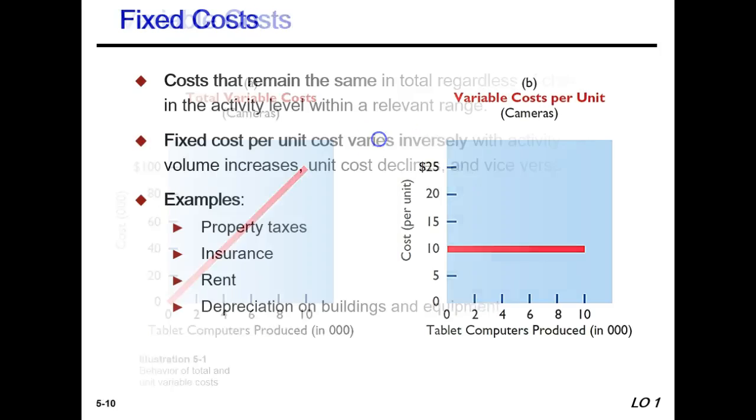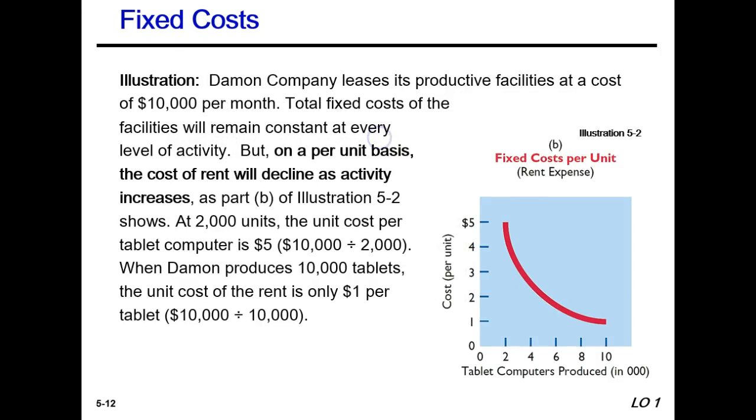So when we're dealing with, here's an example. Damon leases its productive facilities at a cost of $10,000 per month. Total fixed cost of the facility will remain constant at every level of activity. But on a per unit basis, the cost of rent will decline as activity increases. As Part B of the illustration shows, at 2,000 units, the unit cost per tablet is $5: $10,000 in rent divided by 2,000 tablets.